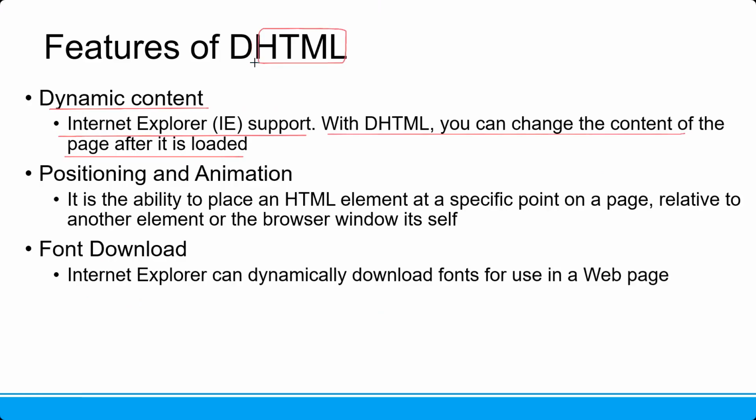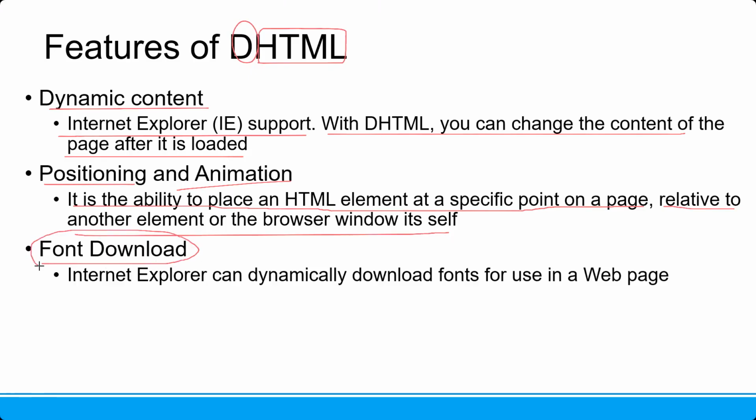But when you use the dynamic, then the HTML will have some kind of graphics with movement or animation. So we have positioning and animation. It is the ability to place an HTML element at a specific point of the page relative to another element or the browser window itself.